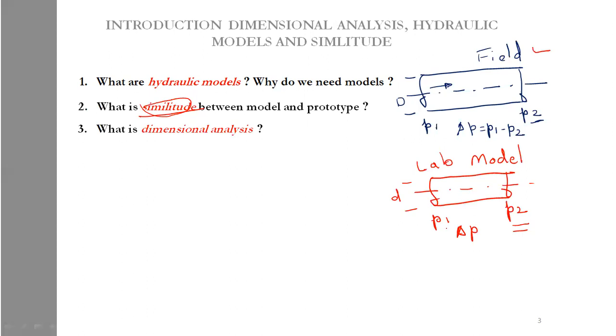Then we have a powerful tool called dimensional analysis, in which we combine various dimensional terms and form a non-dimensional parameter. Let us say in this case we want to find some equation for delta P, that is pressure drop. So I combine some dimensional terms such as rho into V square. It can be anything.